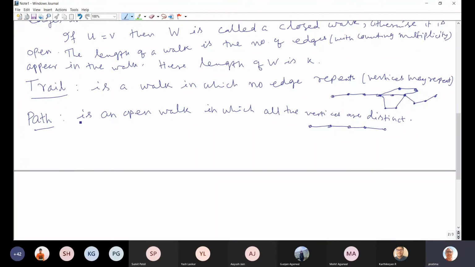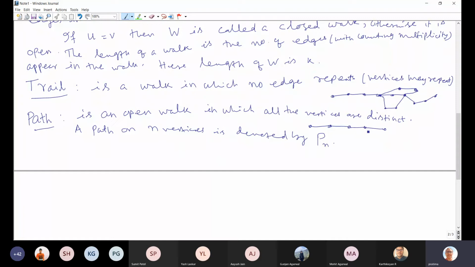And for paths we shall use a notation: a path on n vertices is denoted by Pn.